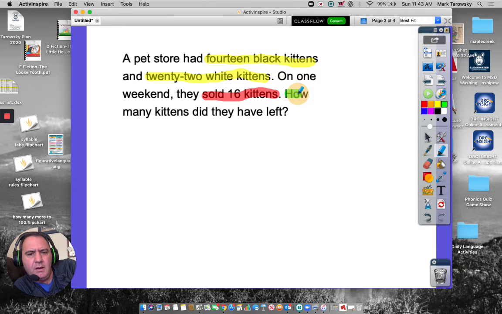How many would they have left? Thinking about this from a logic standpoint, they've got 14 black, they've got 22 white, and then they sell 16 of them.